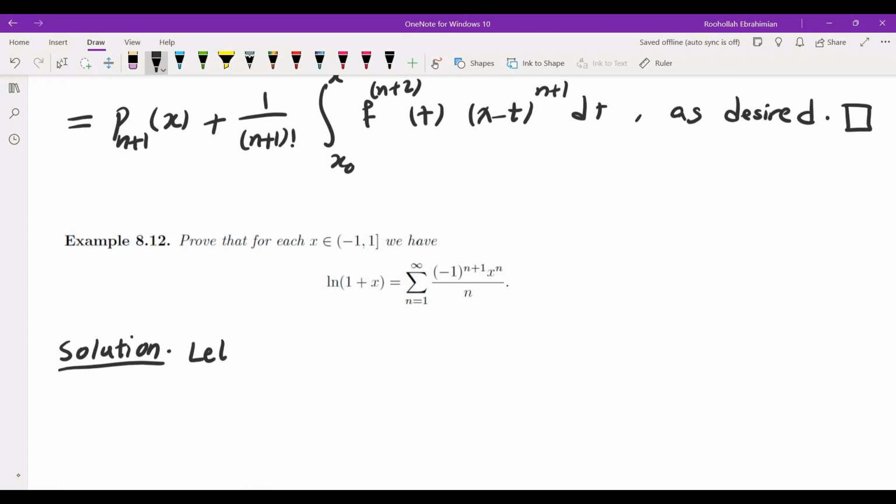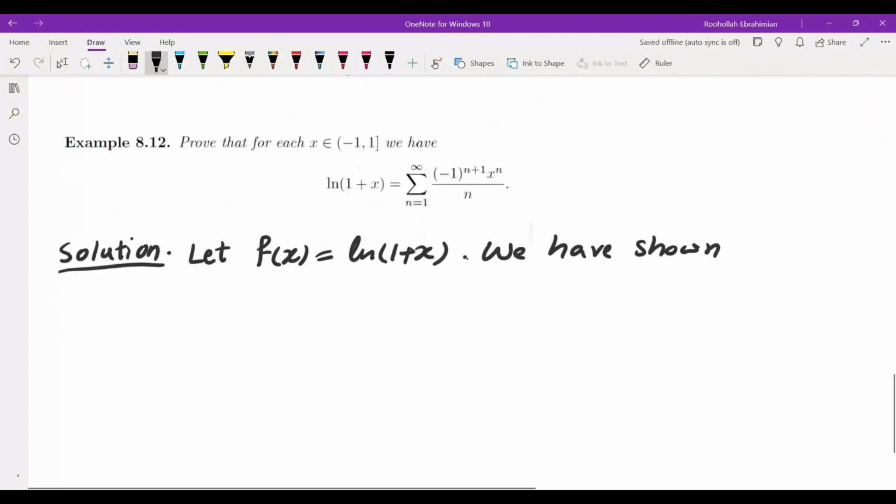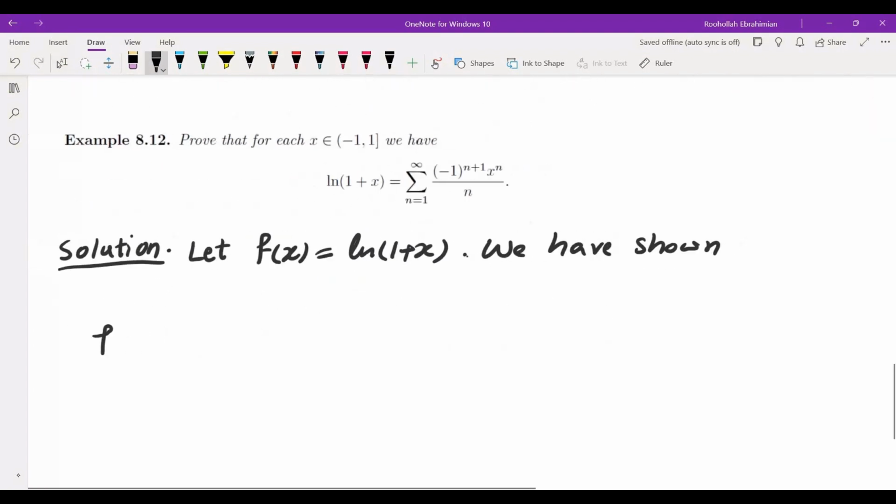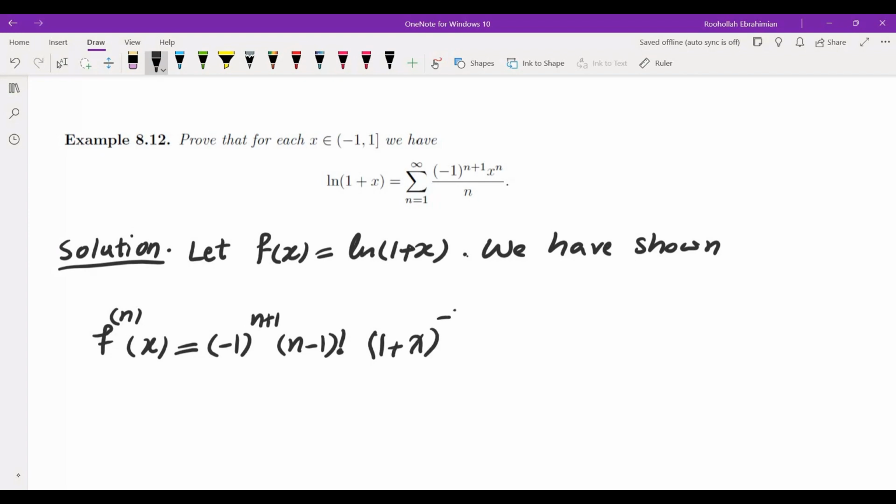Okay, so let's call this one f of x. We have shown that the nth derivative of f is, so we have a formula for this one. We have done this one before. -1 to the power of n plus 1, n minus 1 factorial, 1 plus x to the power of -n.